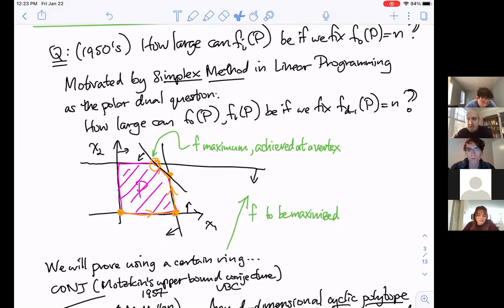One of the more serious questions that arose is just how large can the F vector entry, so the number of i-dimensional faces, be if we fix the number of vertices as n? And it was motivated by linear programming.